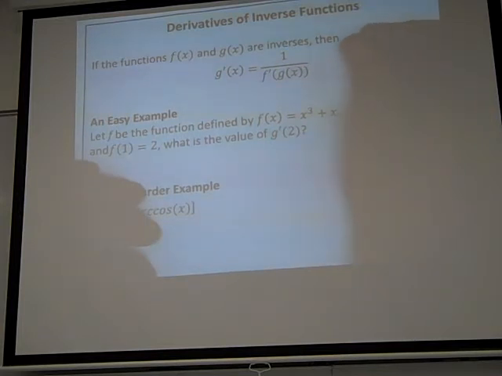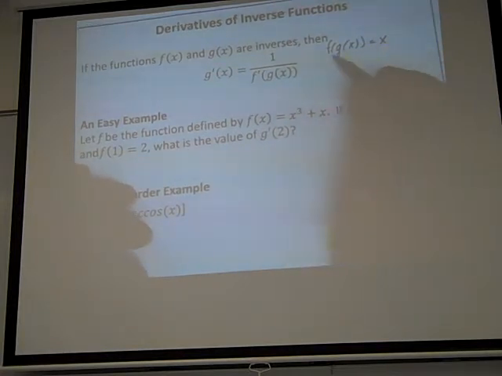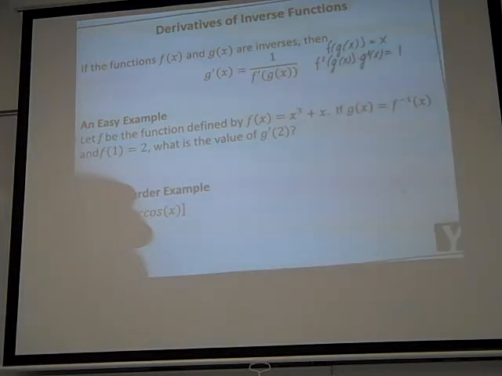We started with the relationship that since the functions are inverses, the composition relationship is true. We took the derivative on the left, which involves a chain rule. So f prime of g of x times g prime is equal to 1. If I want to solve it for g prime, we're going to divide. So g prime equals 1 over f prime of g of x.